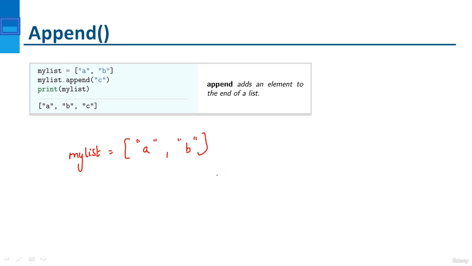Let us suppose the element is C. We can append this element to my list by writing my list dot append of C. It will append element C into the list. So finally, when you display the list, you will get elements like A, B, C.